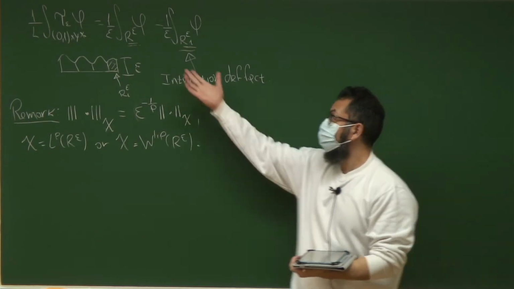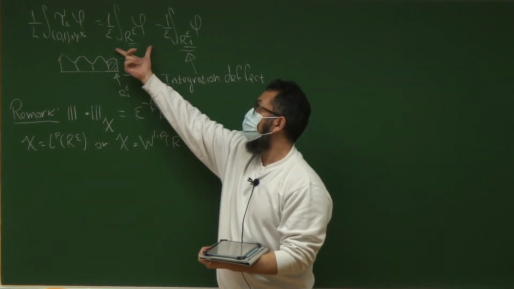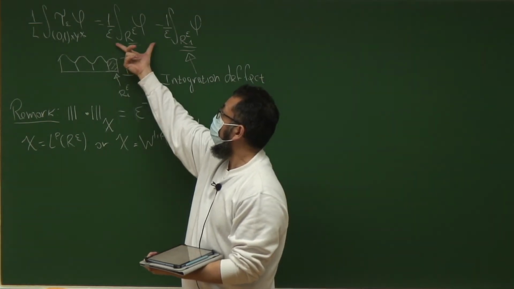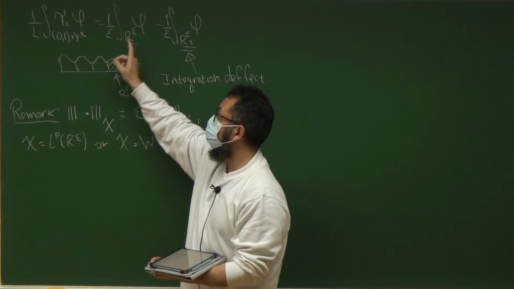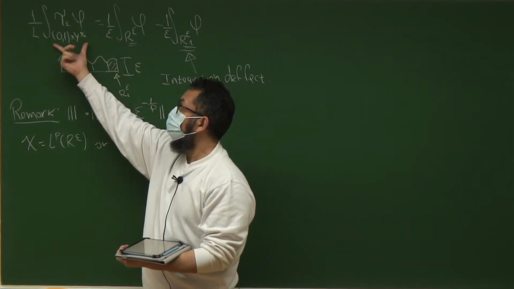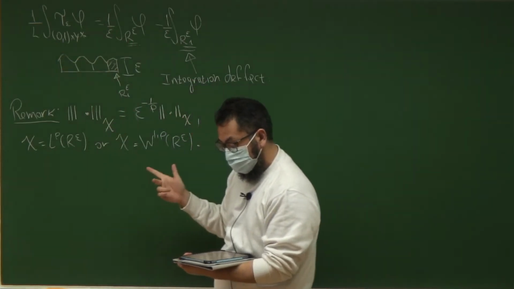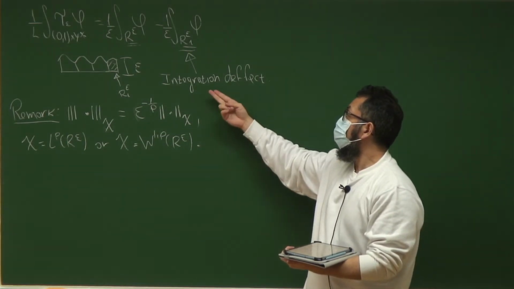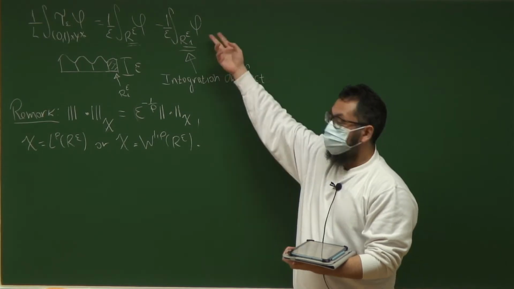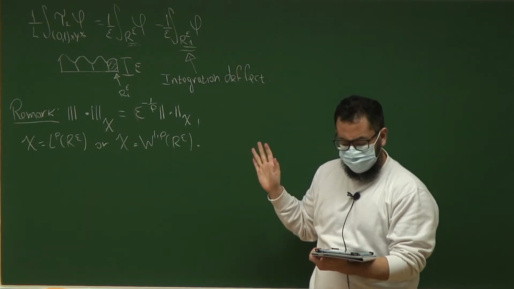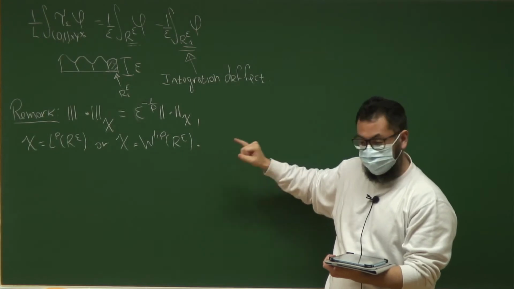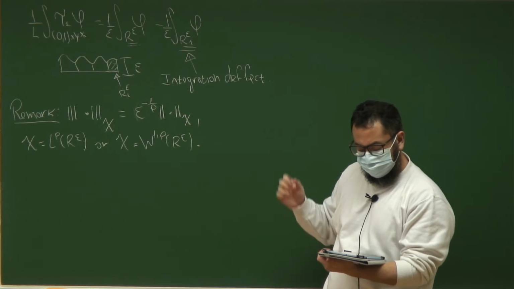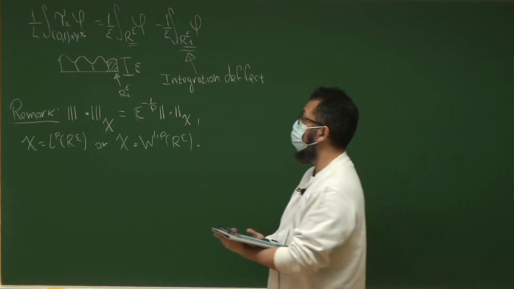Because it's somehow a strange term that appears in the relation between the integral over the original domain and the unfolded domain. But we actually can prove that this integration defect will converge to 0. I will just state the results in the sequence. I will not prove them. It's not very difficult to prove, actually.